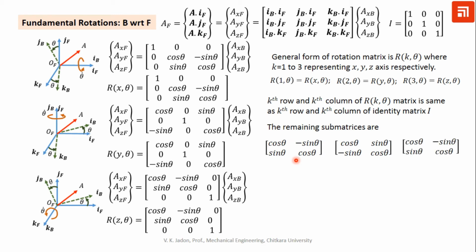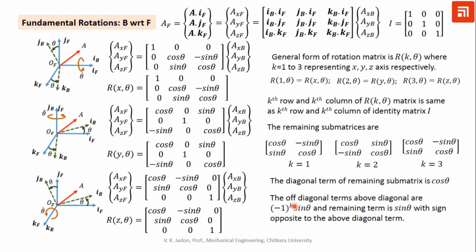Next we focus on the submatrix. After removing the identity part, we see that the diagonal terms are cos theta and the off-diagonal terms are sin theta, but with a negative or positive sign depending on which axis we are talking about. To remember this, minus 1 raised to power k times sin theta will be the off-diagonal term above the diagonal.